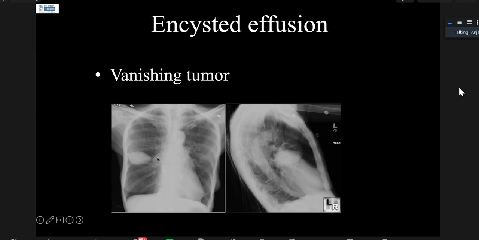This can happen in heart failure when there is a pleural effusion and then fluid loculates within the horizontal fissure or oblique fissure or whichever fissure. It might look to you like there is a lesion there, a tumor there, or an abnormality there, and then you treat heart failure, you give diuretics, and you repeat the X-ray, it would have disappeared. This fluid also would have disappeared, and that's why this is called a vanishing tumor.